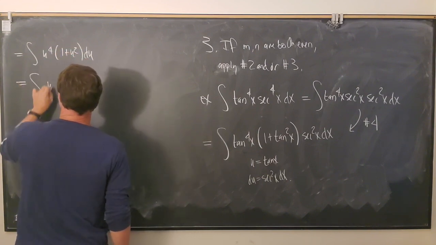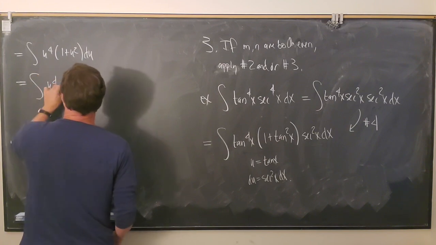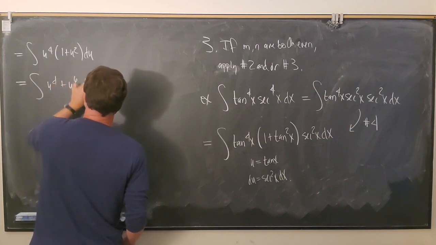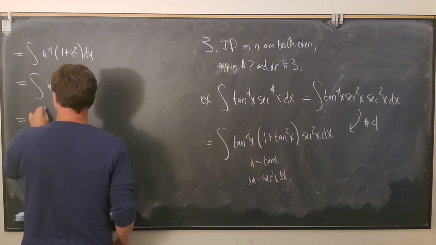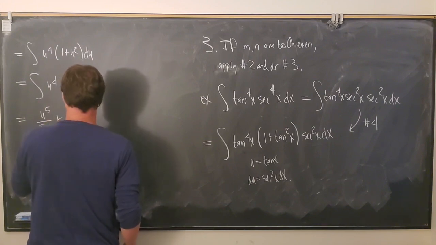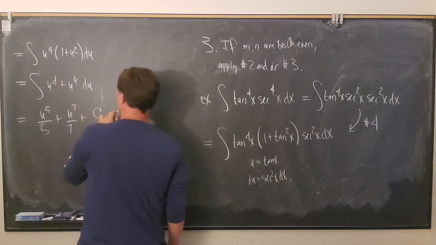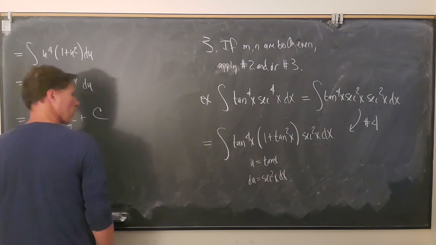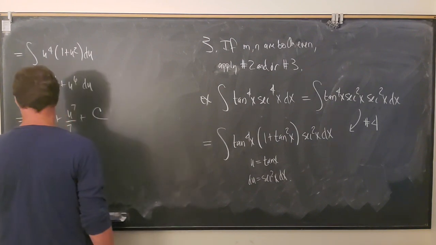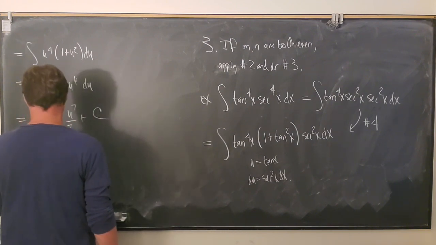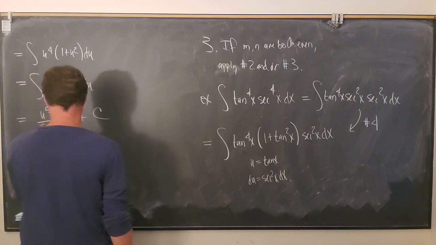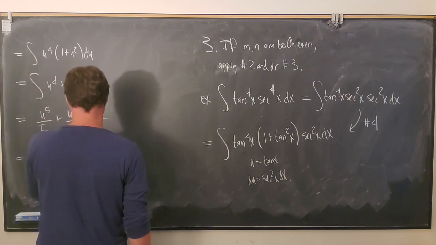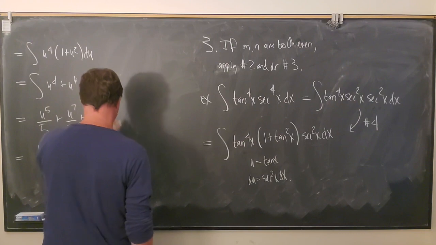Multiply this out, we'll get u to the 4th plus u to the 6th du. That'll give us u to the 5th over 5 plus u to the 7th over 7 plus c. And when we substitute back, the final answer will be tangent to the 5th x over 5 plus tangent to the 7th x over 7 plus c.